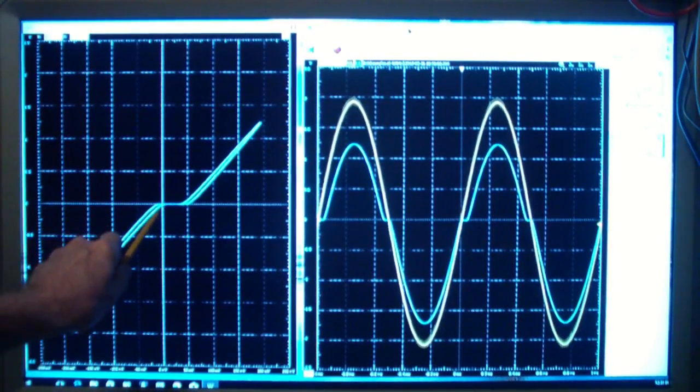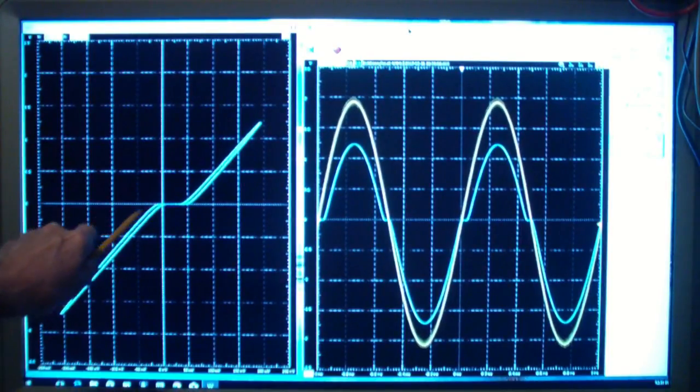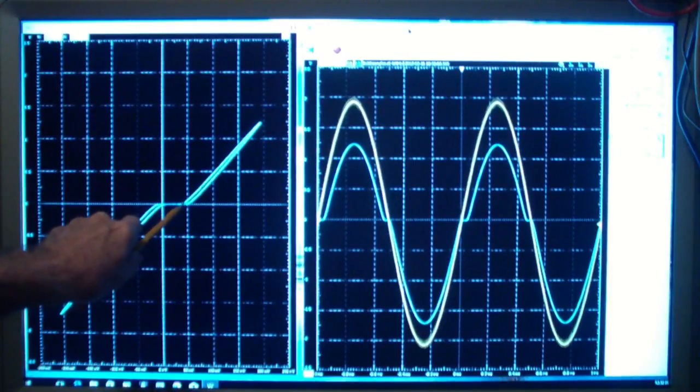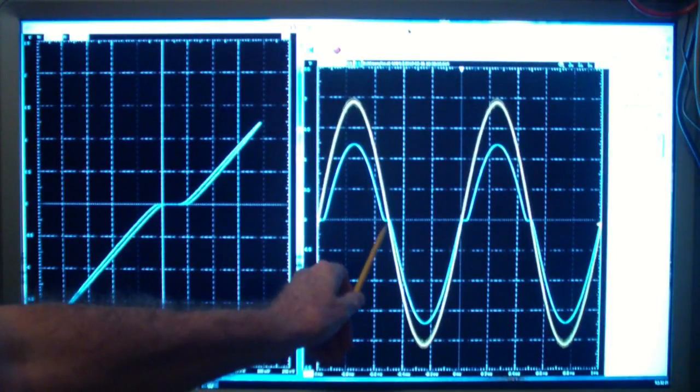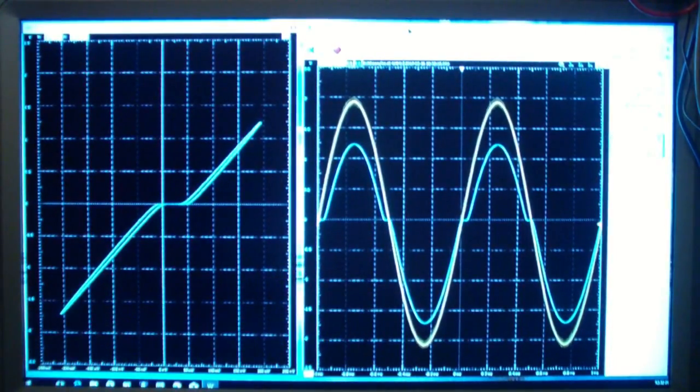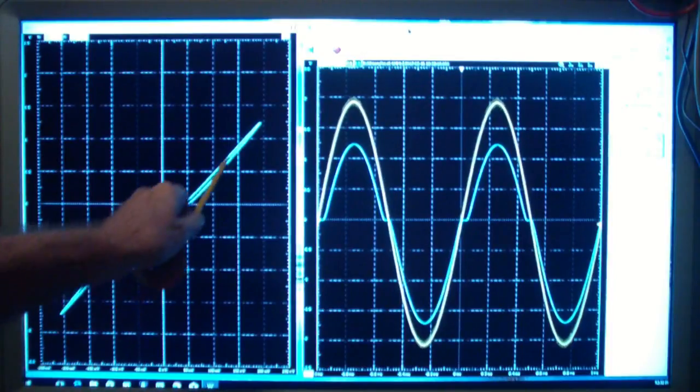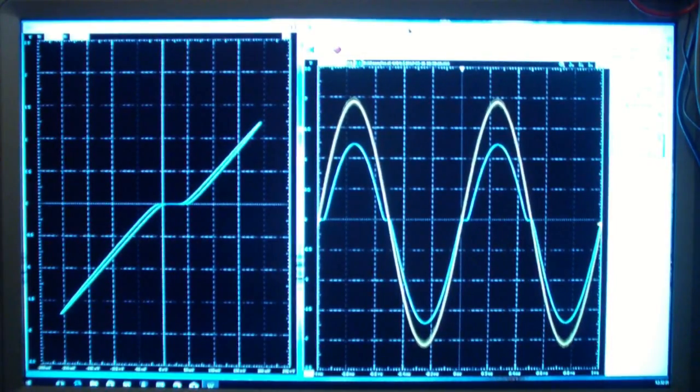But notice that because I'm shorting out the positive diode, that is, there are two diodes in this, one that biases the negative stage, in other words, the stage that conducts when the input is negative, and the other which conducts when the input is positive, I'm shorting out the positive diode for now, and you see that we get a fair amount of crossover distortion. And it's rather obvious in this diagram what that looks like.